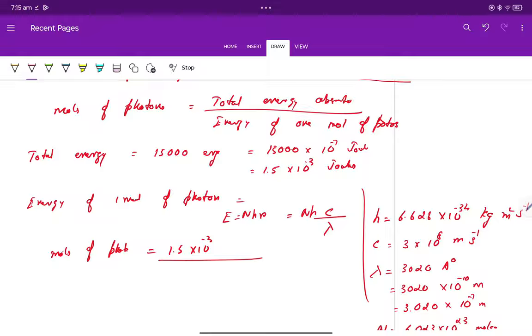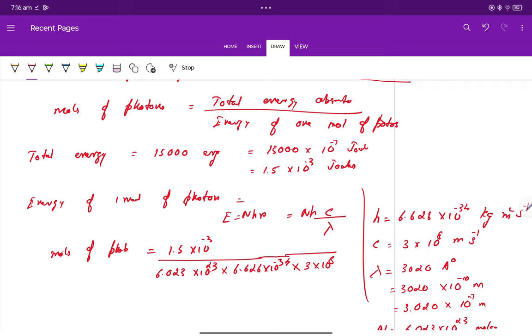So n is 6.023 into 10 to the power of 23, into h, 6.626 into 10 to the power of minus 34, and c is 3 into 10 to the power of 8.